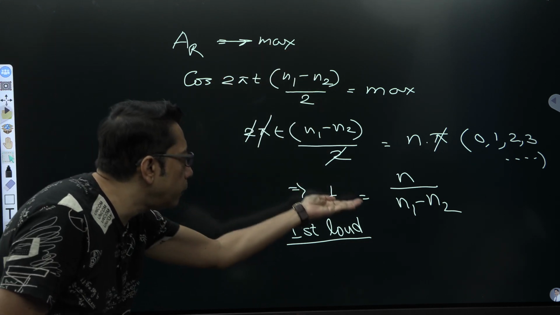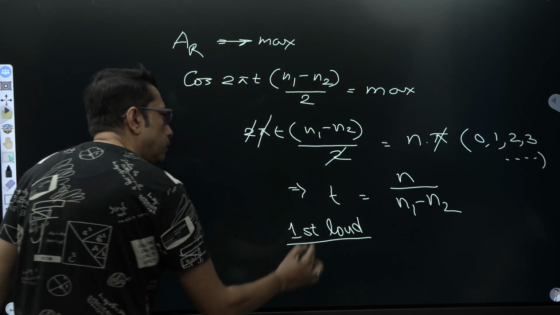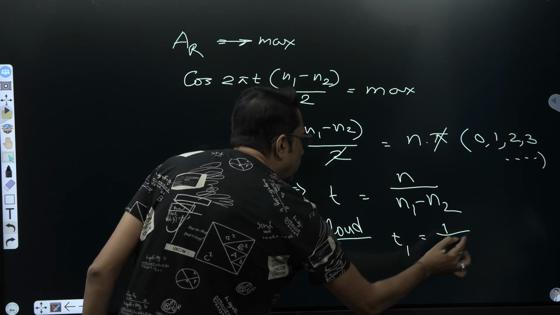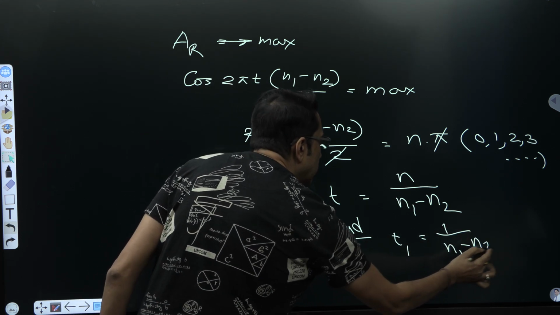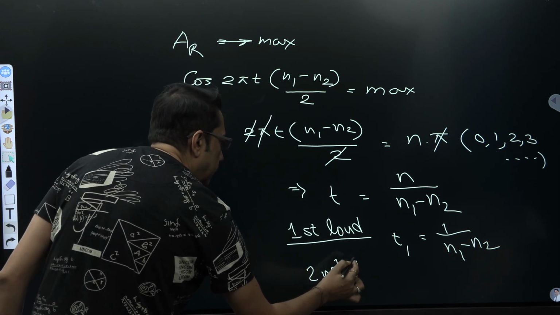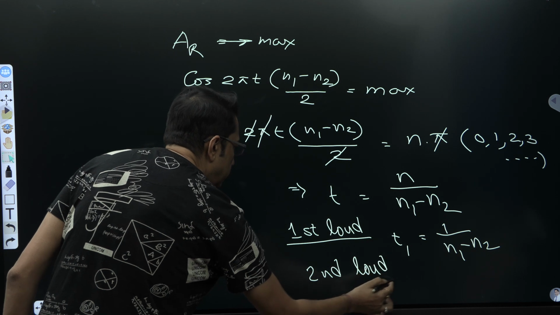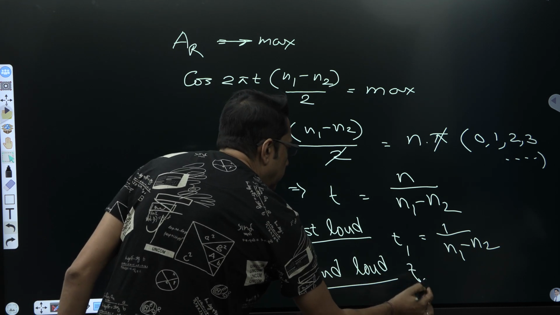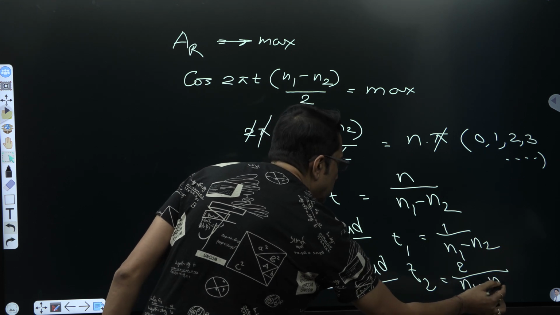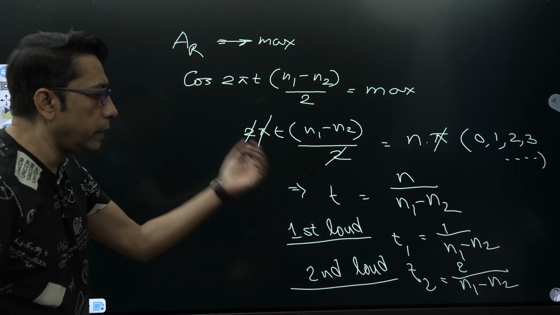So the first loud sound will be heard when T1 is given by 1 by (n1 minus n2). Similarly, the second loud sound will be heard when T2 equals 2 divided by (n1 minus n2). Third will be 3 divided by (n1 minus n2).